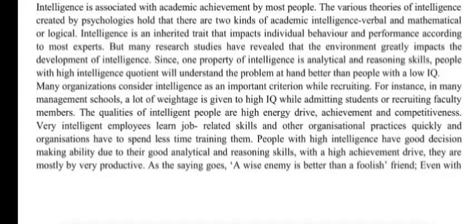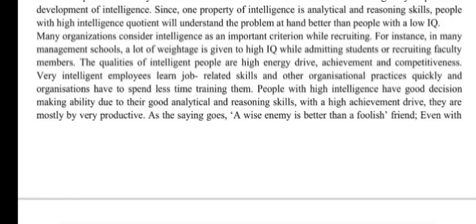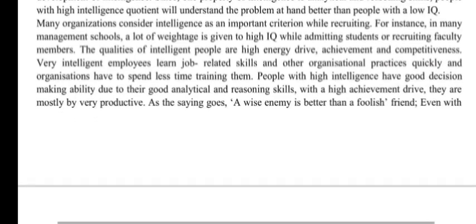But many research studies have revealed that the environment greatly impacts the development of intelligence. Since one property of intelligence is analytical and reasoning skills, people with high intelligence quotient will understand the problem at hand better than people with a low IQ.